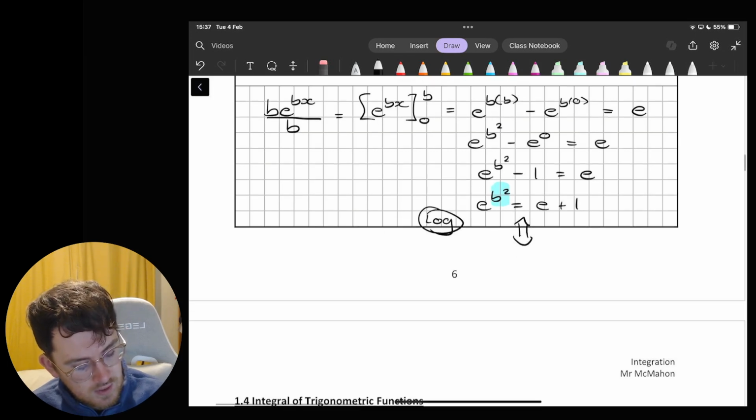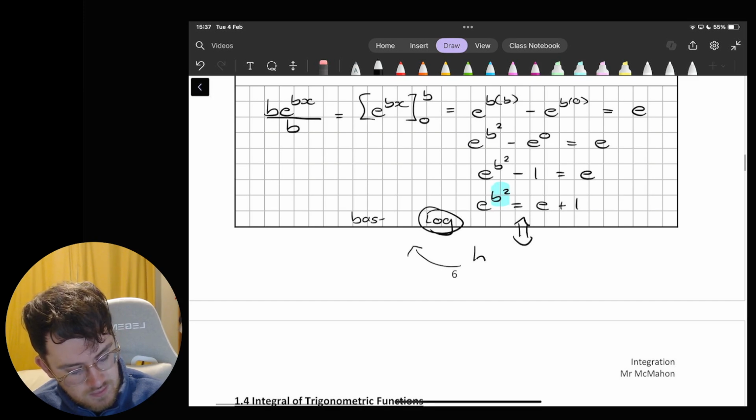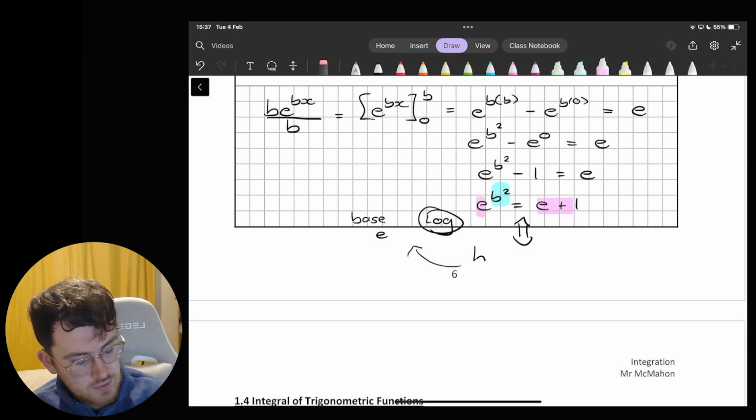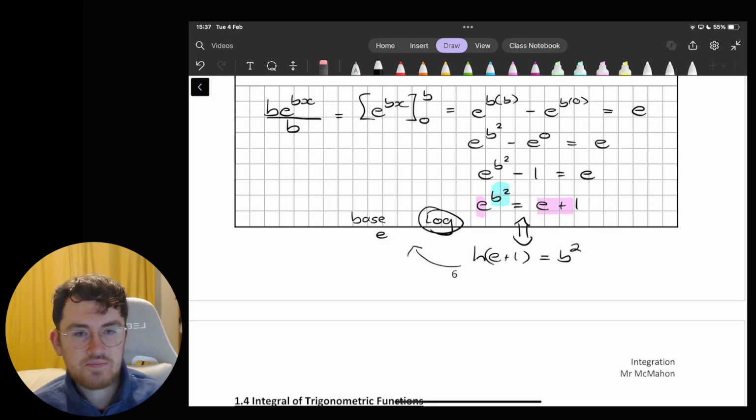So I'm going to go to ln, which is base e. So I'm basically saying that ln of e plus 1 is equal to b squared. So basically saying here, if I raise e to the power of b squared, I should get e plus 1.